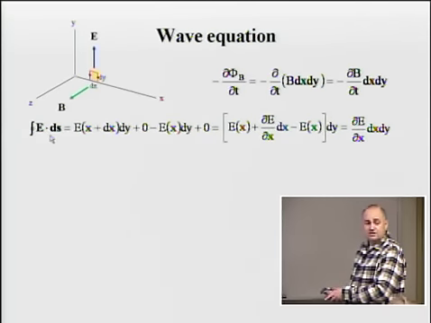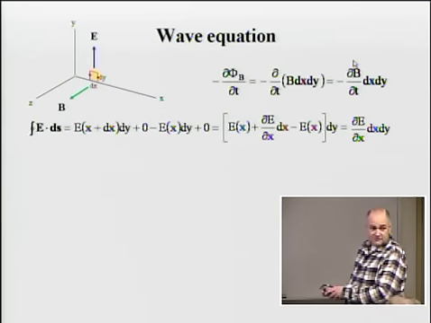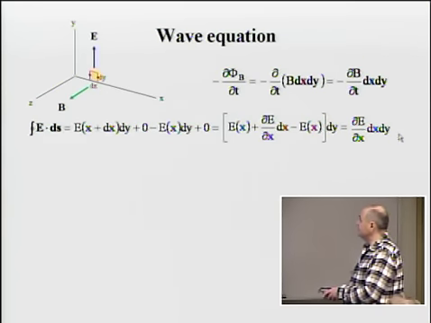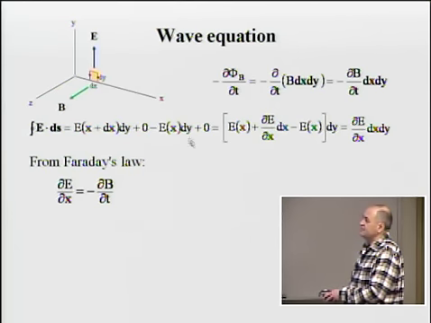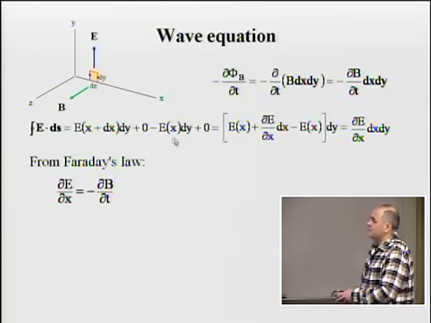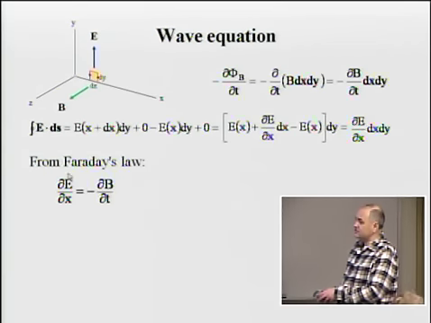Now this line integral is supposed to be equal to this rate of change in flux, which means that this expression must be equal to this expression, right? Now here I have dx and dy, and here I have dx and dy, so the conclusion is that from Faraday's law of induction, I relate electric field with magnetic field.